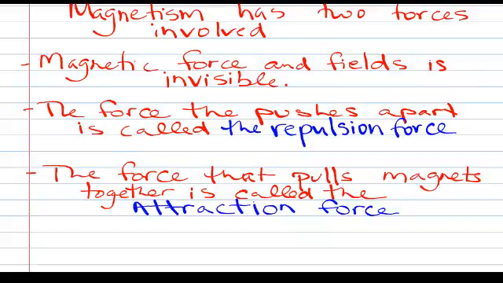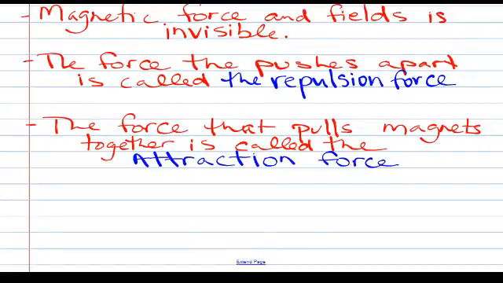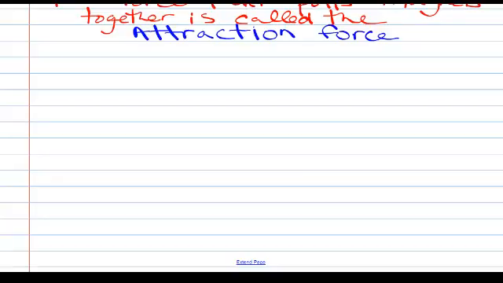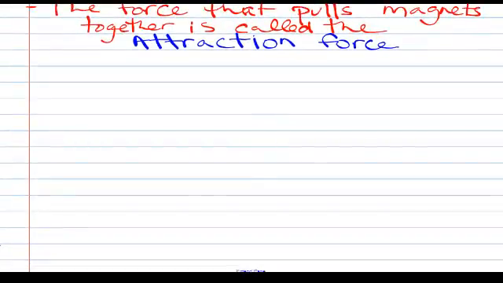Now, what we're going to investigate right now is that force of attraction. We know that magnets push each other apart. The question is, when they pull each other, what happens? So I'm going to go ahead and give you your focus question right now.